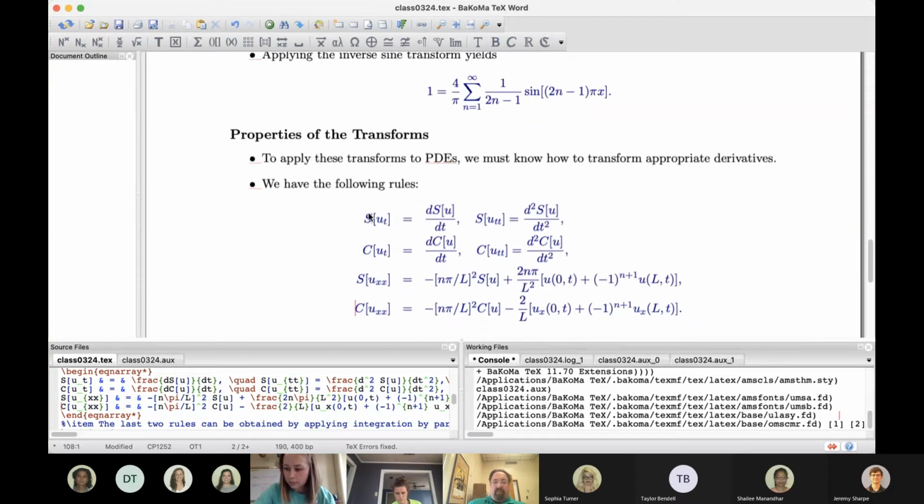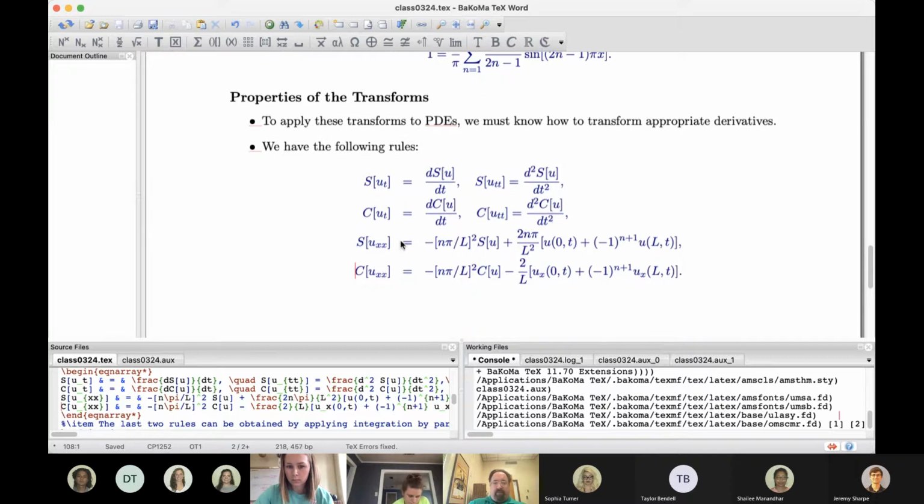If you take the sine or cosine transform of a derivative with respect to t, that's just a derivative of a transform with respect to t, and similarly for a second derivative. So when it comes to derivatives with respect to time, derivative of a transform is the transform of a derivative.